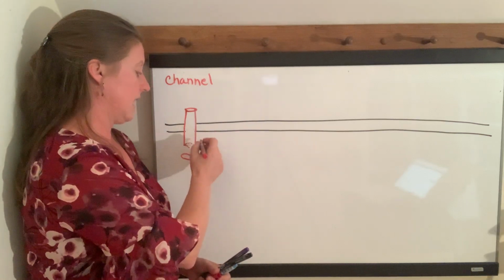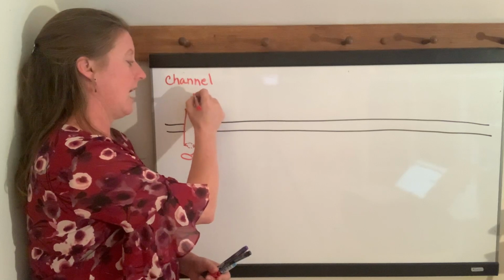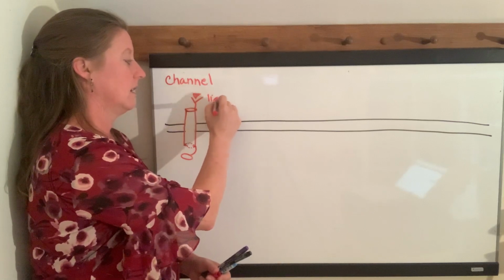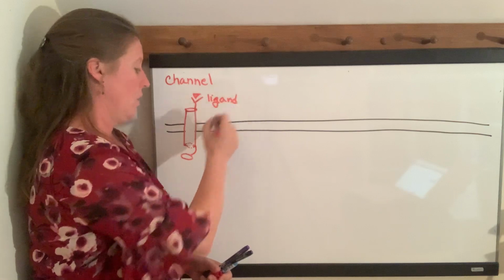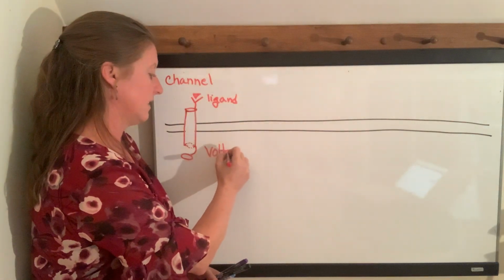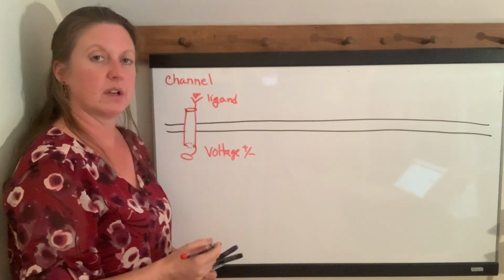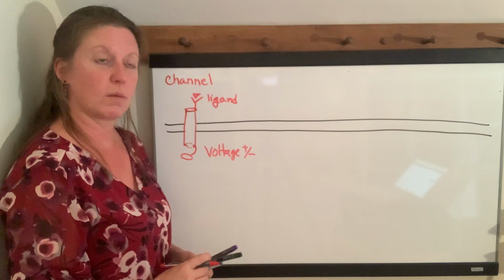What opens this gate can either be a ligand, or it can be a change in voltage inside the cell. Voltage is a way of talking about whether it is becoming more positive or more negative.